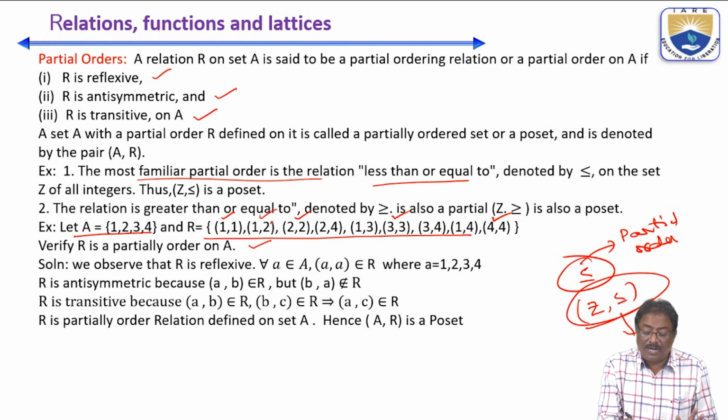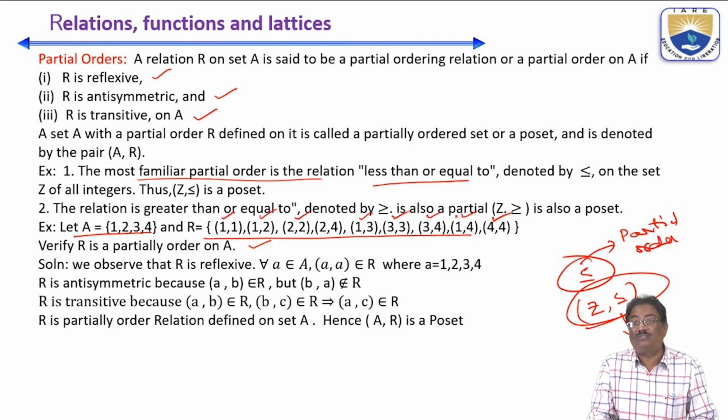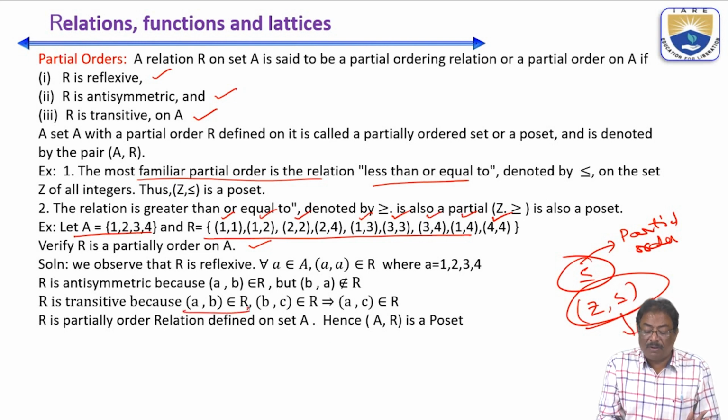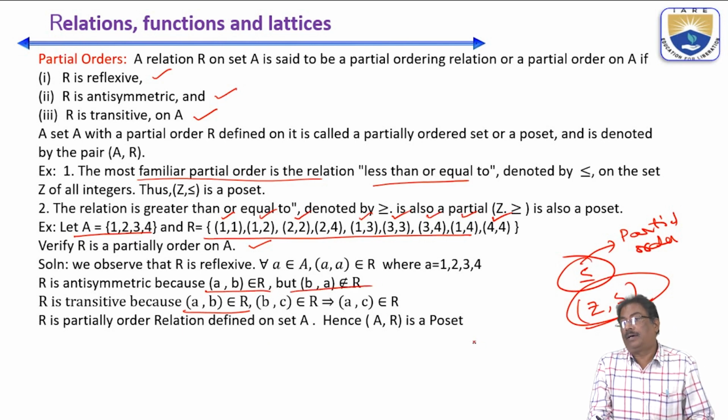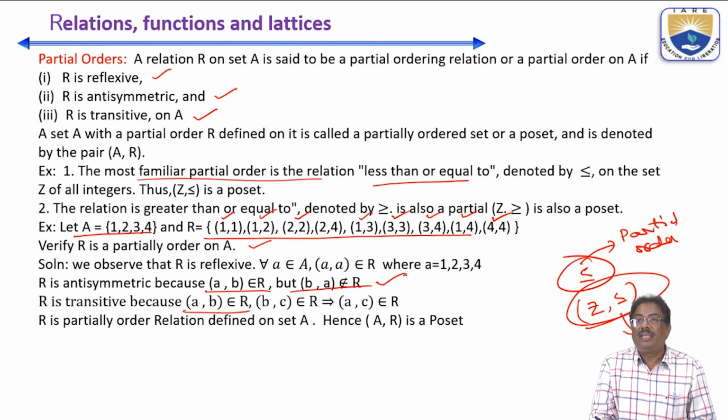Here 1 is related to 2, 1 is related to 3, 1 is related to 4, 3 related to 4, but there is no B related A. So (A, B) belongs to R, but (B, A) does not belong to R, so obviously it is antisymmetric. If (B, A) belongs to R, then we verify whether A equals B or not. If it is not there, then automatically we consider it as antisymmetric.